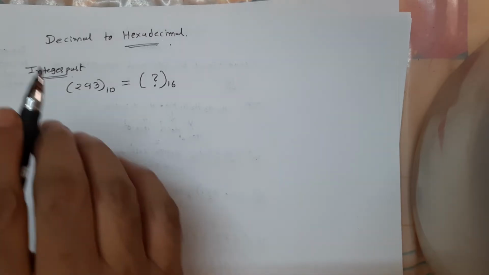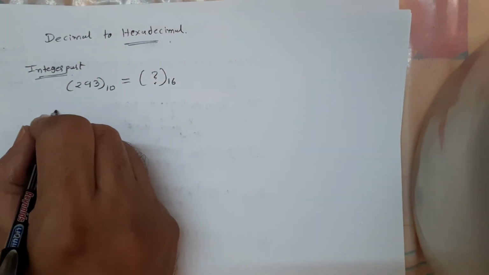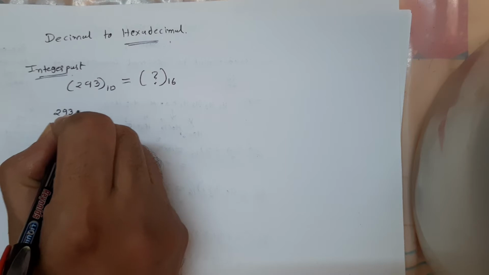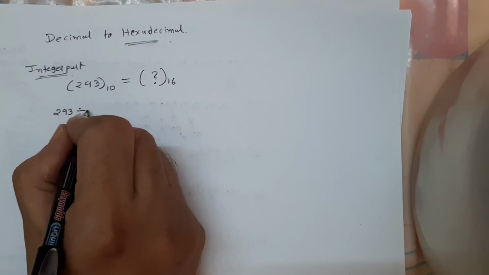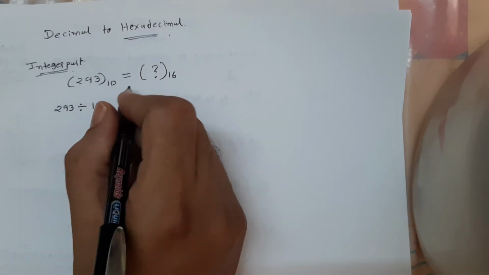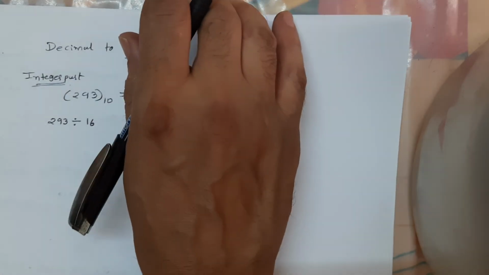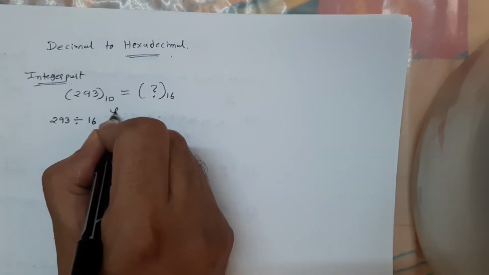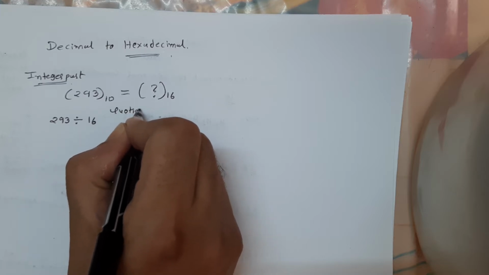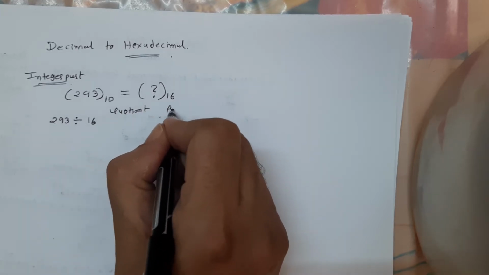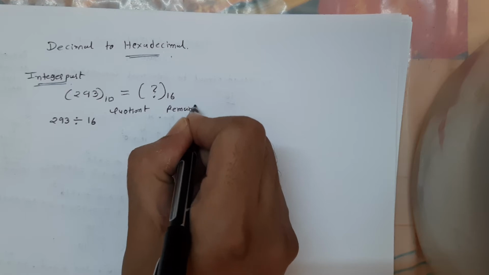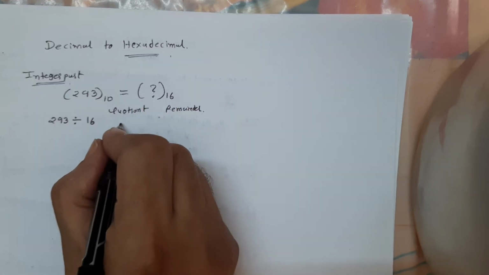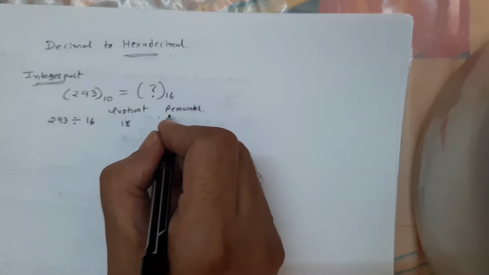First of all, this 293 is divided by 16, and we get a quotient and remainder. This is your quotient, this is your remainder, this is your 18, this is your 5.